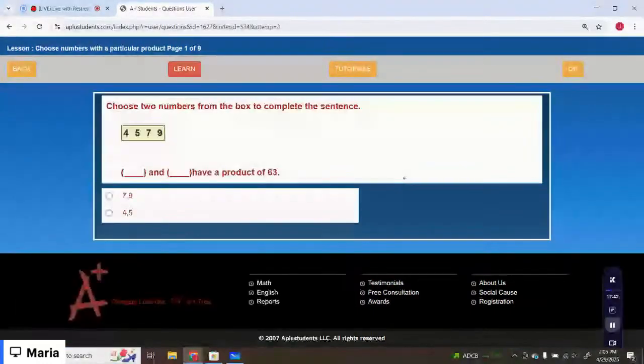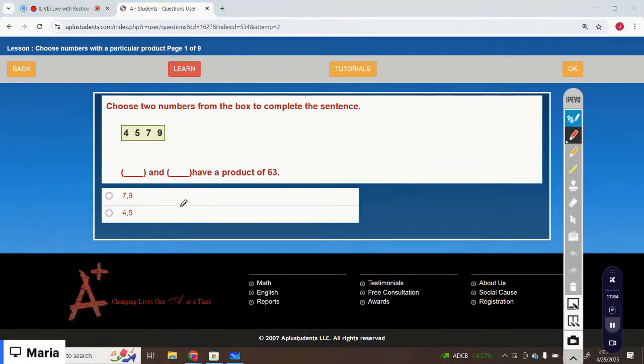You are given two options, 7 and 9, 4 and 5. You can multiply and see which pair of numbers works, right? The first one is 9 and 7. So, 7 times 9 makes 63. Yes, correct option.